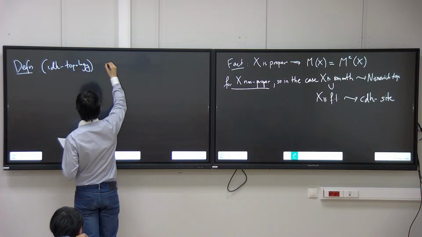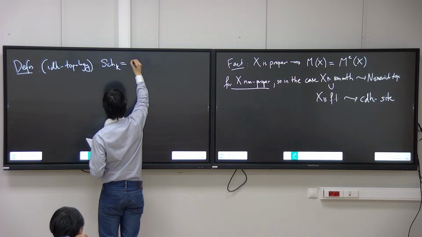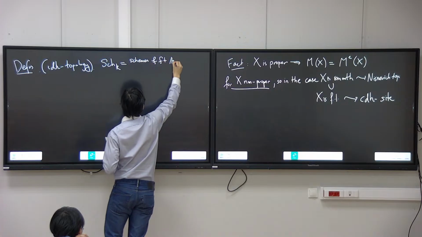So here, let Sch be schemes over k, meaning schemes of finite type over k.